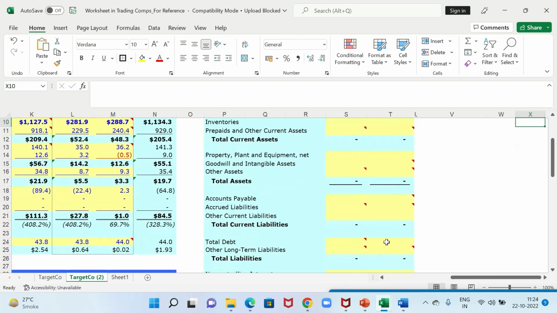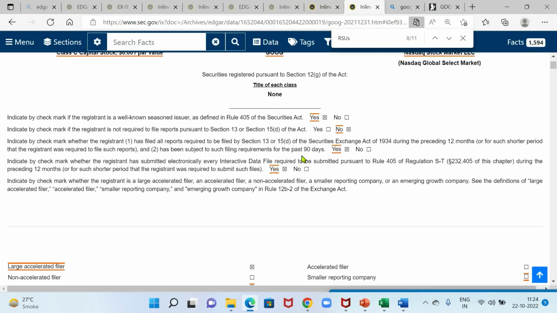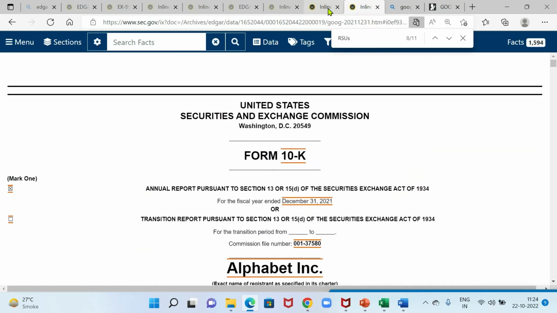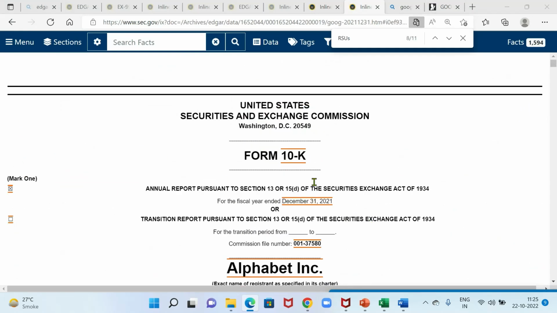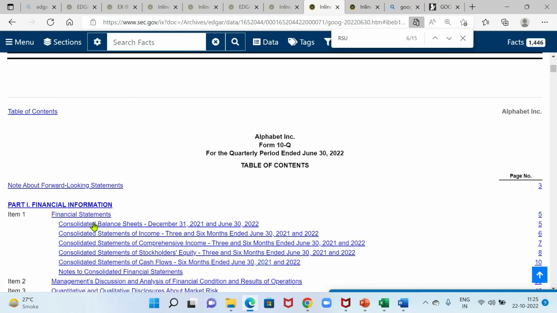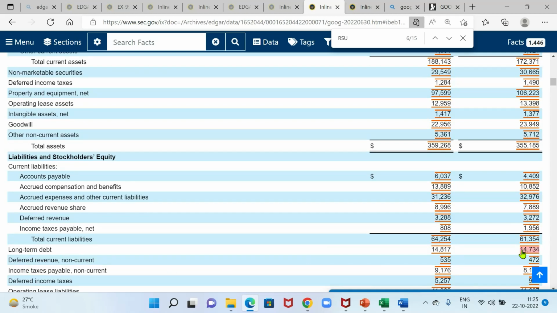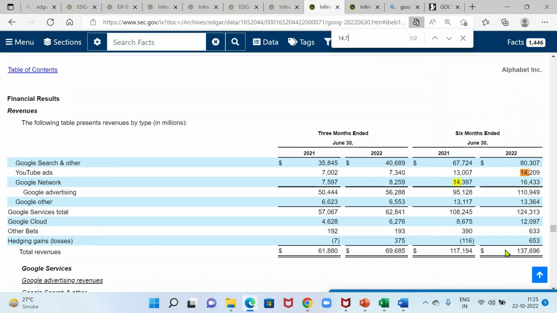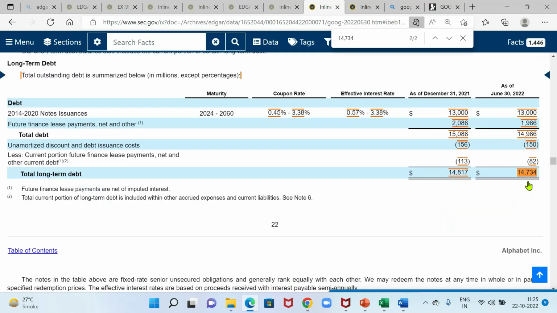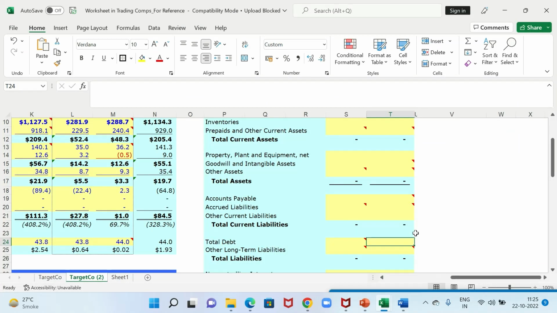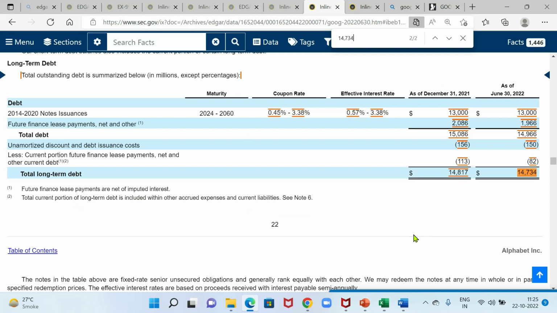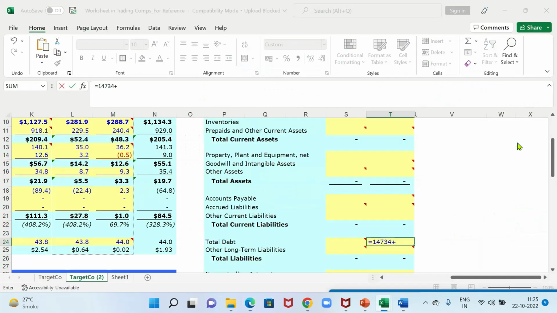Let's start with total debt. Remember, do not get confused with 10K and 10Q. हम लेटेस्ट बैलेंस शीट नंबर्स ले रहे हैं, 630 के ले रहे हैं, तो वो 10Q से ही मिलेंगे. 14734, plus short term current portion जो है, that is 82.